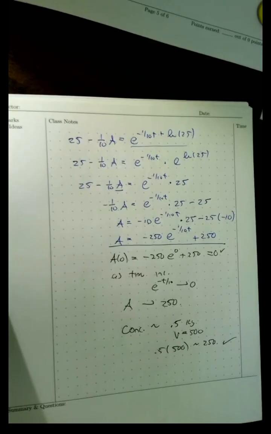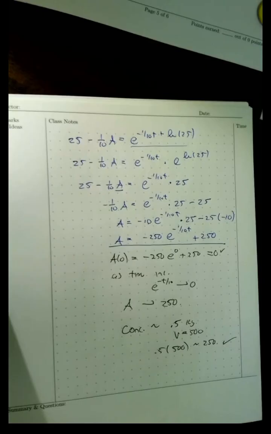Let me simplify this. This is e to the minus 1/10 t times e to the log of 25. E to the log of something is just the something. So it's going to be e to the minus 1/10 t times 25.